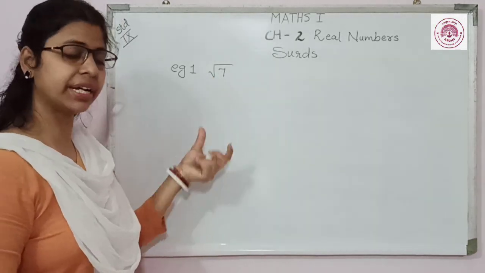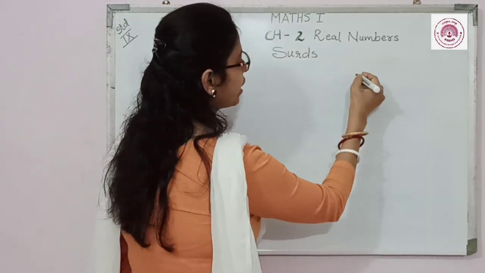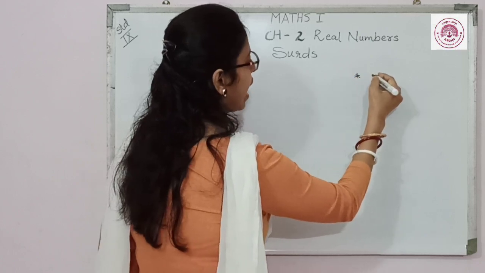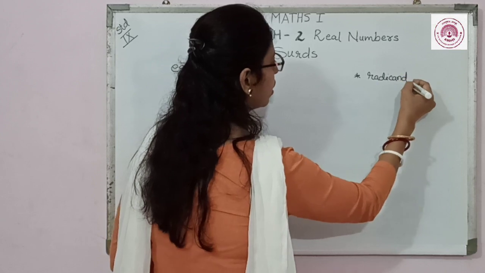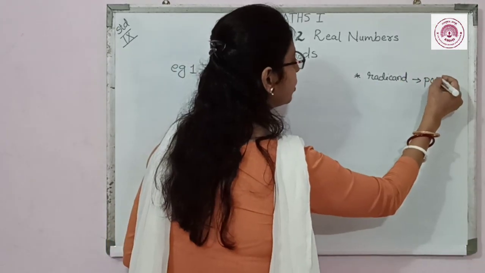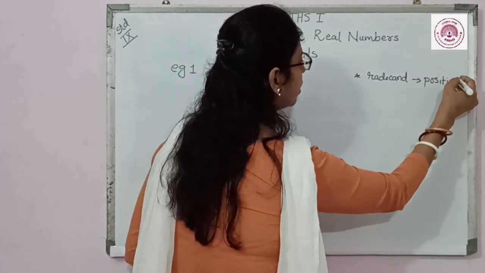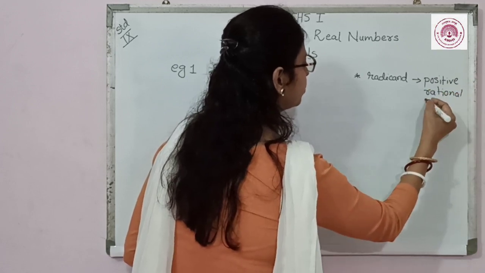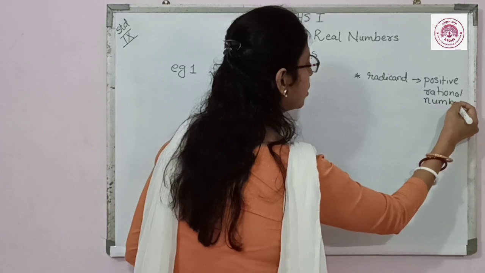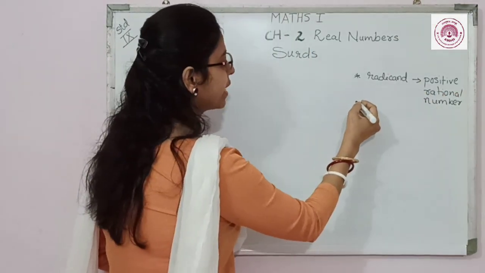So what are those three conditions? The first condition is that the radicand should be a positive rational number. What is the second condition?